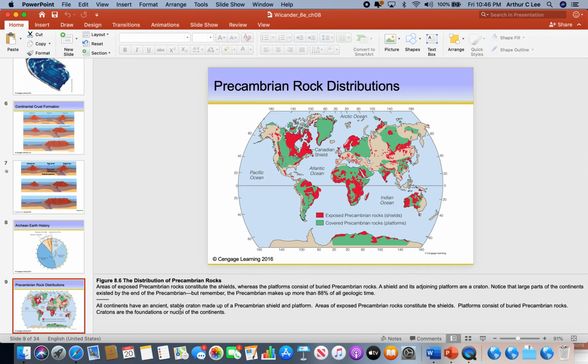The red areas are what we call shields. The green areas geologists call platforms. The light brown areas, they didn't mention it here, but those are called orogenic belts. And I'll spell that for you. Orogenic belts.